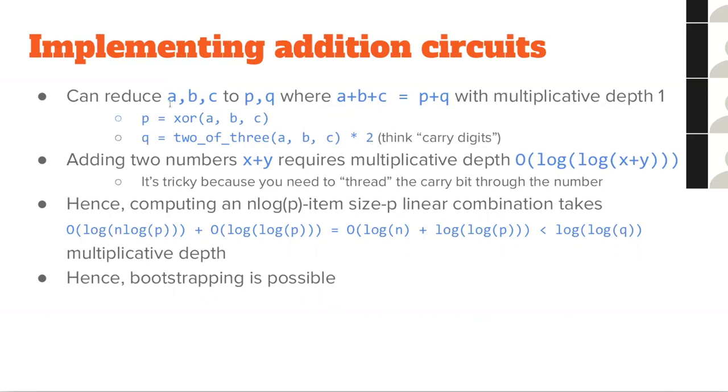And so basically every individual bit in A, B, or C gets correctly represented in P plus Q, right? So this is a 3 to 2 adder, and this has multiplicative depth 1.